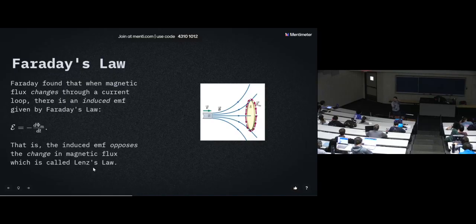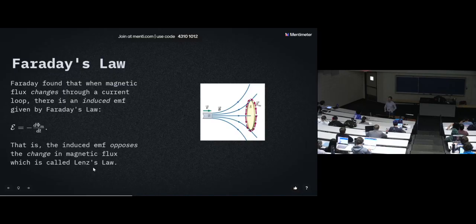If you've got a loop here, and I increase how much magnetic field strength is going into the loop from somewhere else in the universe, changing the magnetic field strength changes the flux. Another thing you can do is change the area. If you have some sort of mechanism that can allow your area to grow or shrink, that will increase or decrease the flux. The other is change the orientation.